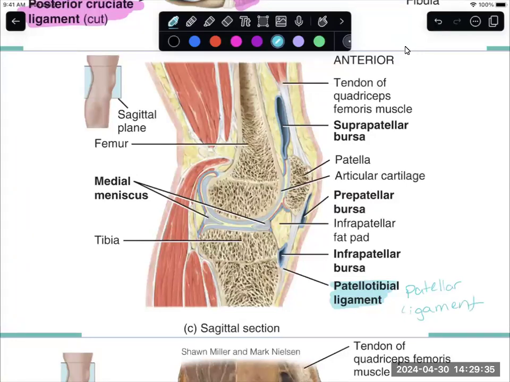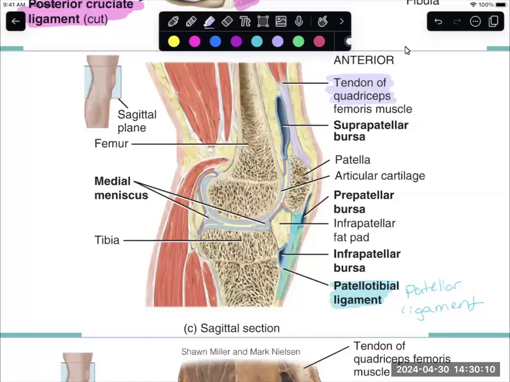The patellar ligament is technically from below that kneecap, below that patella, down to that tibia. We've got this quadriceps tendon at the top. That quadriceps tendon is from above, from those quadricep muscles down to the patella. The patella, that kneecap, is where that changes its name.